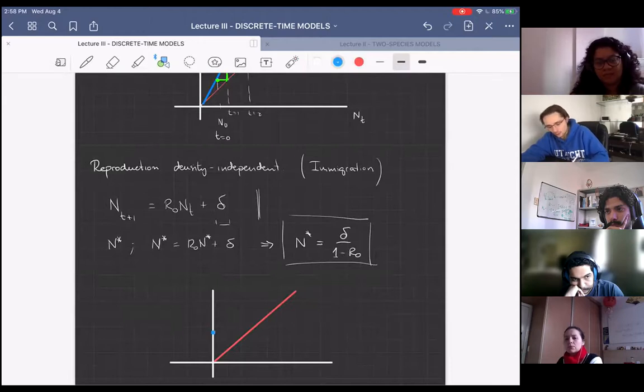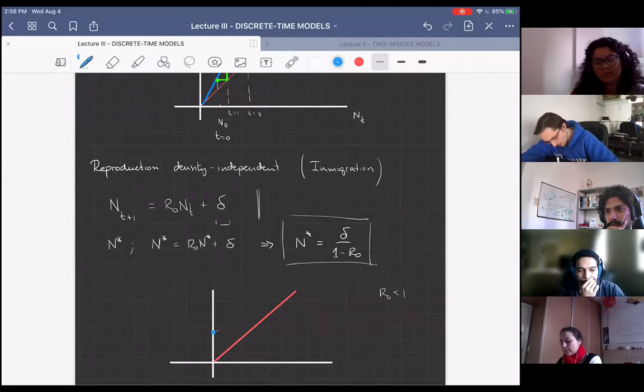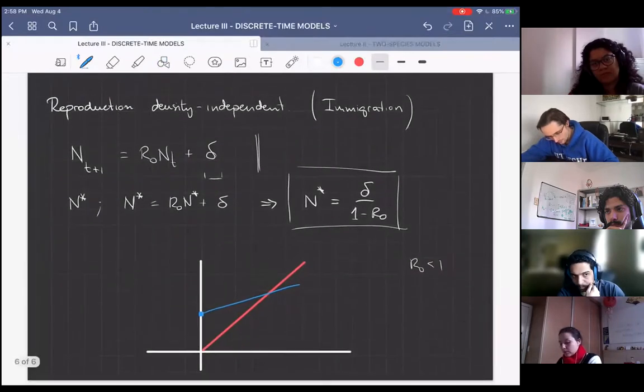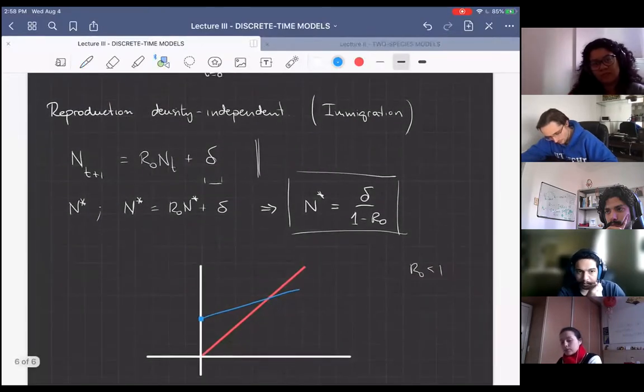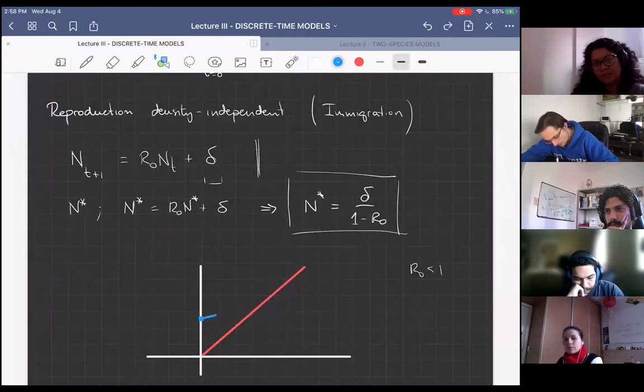And now the slope, R0, we said it was going to be smaller than 1, which means that my slope is going to be something like this.